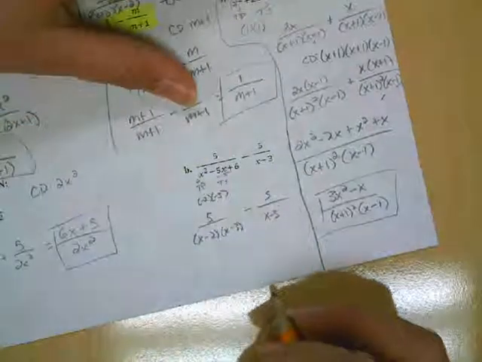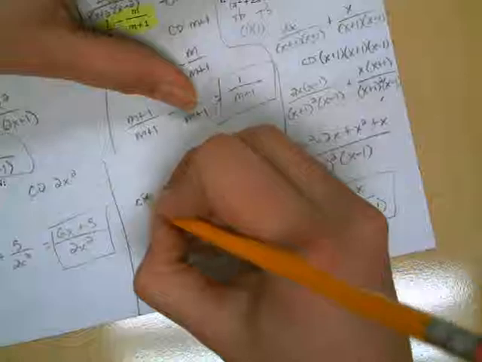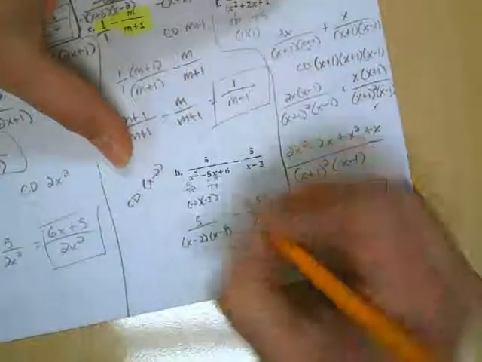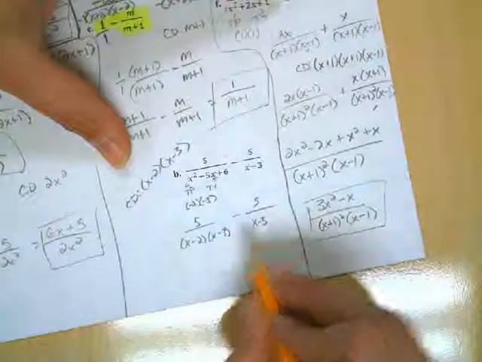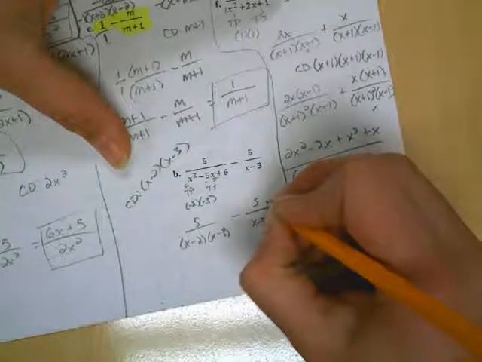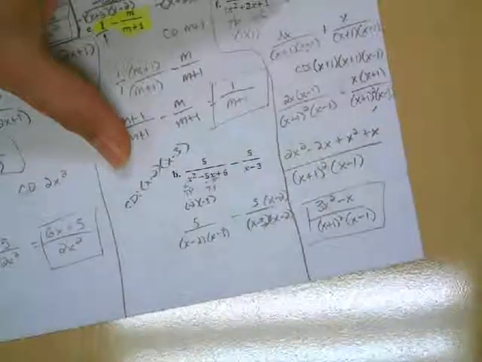Okay, common denominator. Hopefully it's pretty obvious here. We got a common denominator of x minus 2 and x minus 3. Okay, x minus 2 and x minus 3, so this one just needs that x minus 2, and we will go ahead and multiply that in. Just for things to be proper, I'm going to throw my parentheses around my x minus 3.